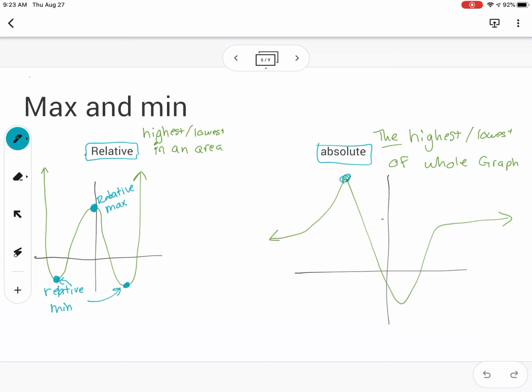Which means this point up here is the tallest point of the whole thing. There's nothing higher than that. So it is the absolute max. And down here, nothing's lower than this. There's no other humps or anything, so it's the absolute min. That's the difference between relative and absolute.